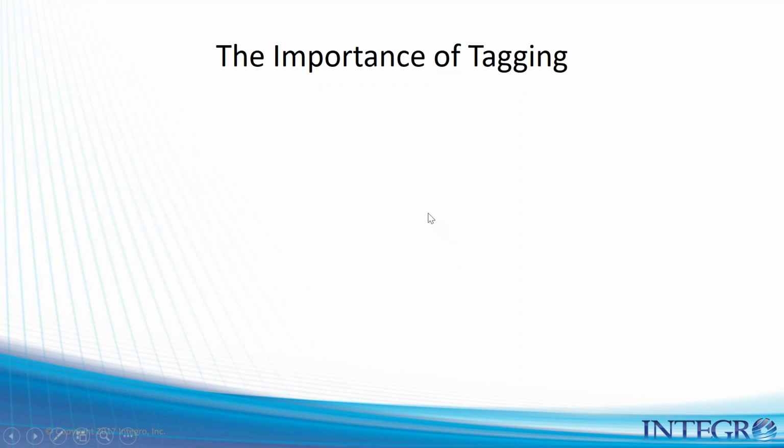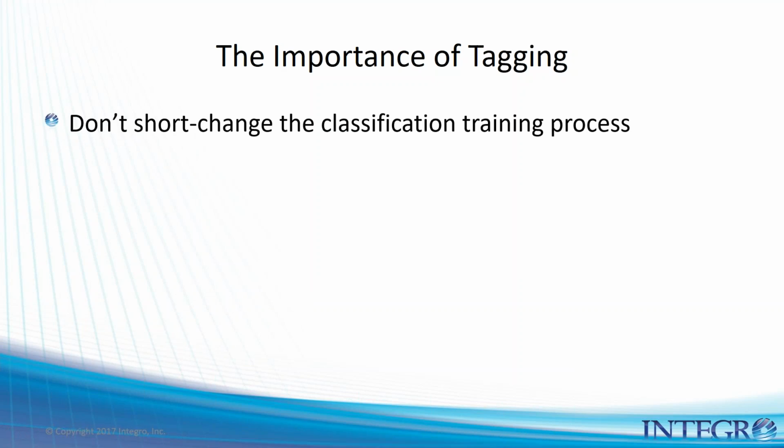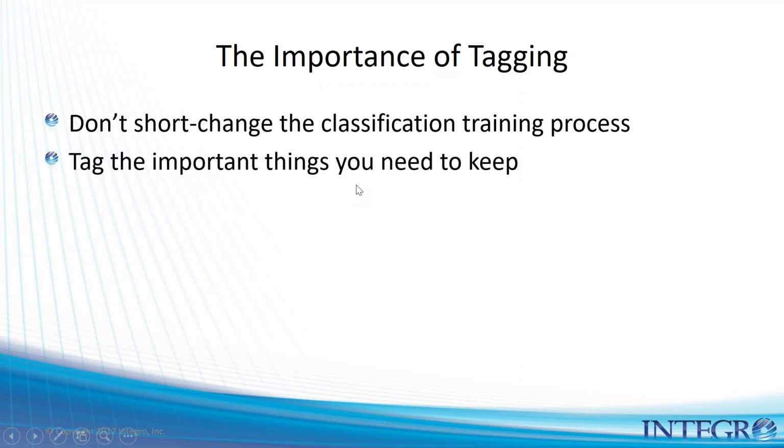So if I could leave you with just three things, it would be, first, don't shortchange the process of training the classification engine. Train your classification engine to be smart. You'll be much happier with the results. Second, tag the important things you need to keep and get rid of the rest, if it's not subject to a legal hold, of course.